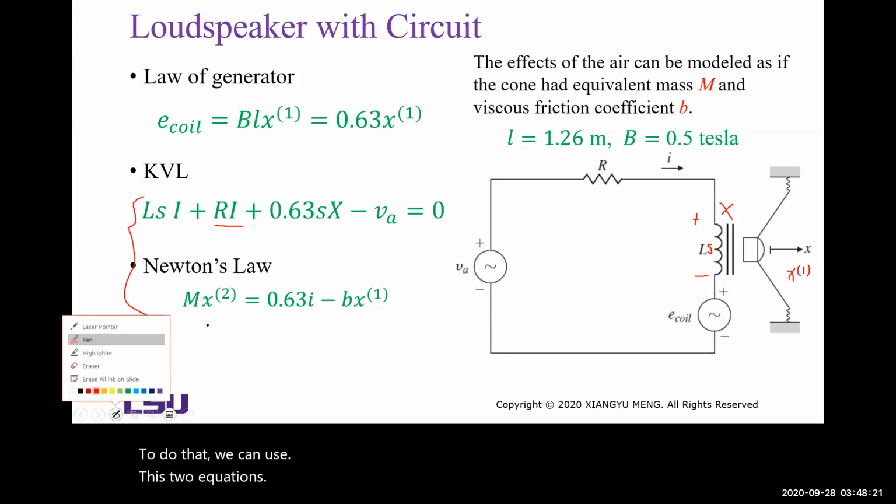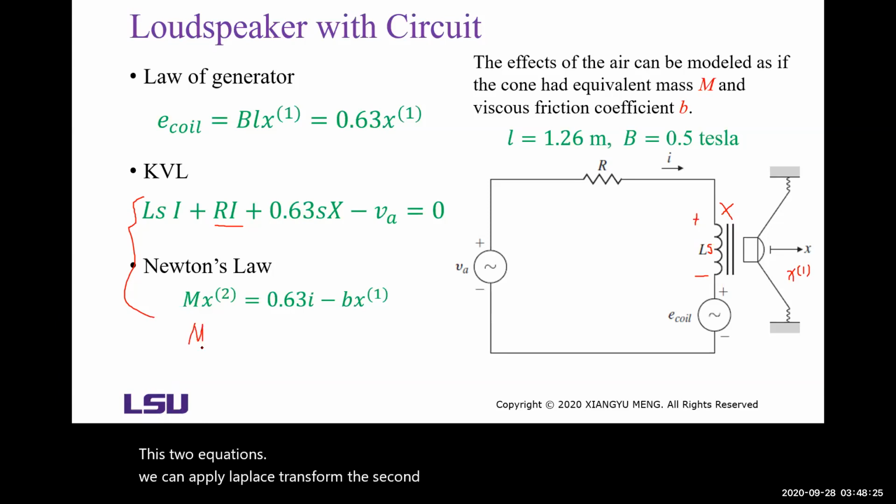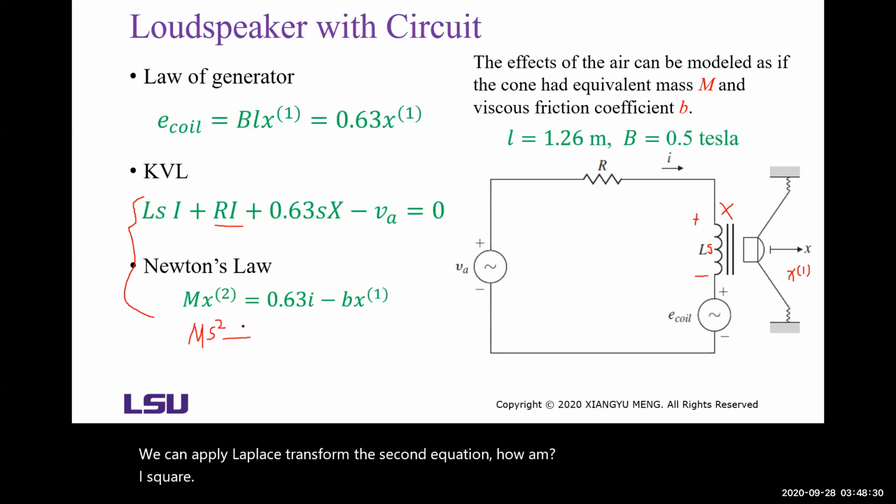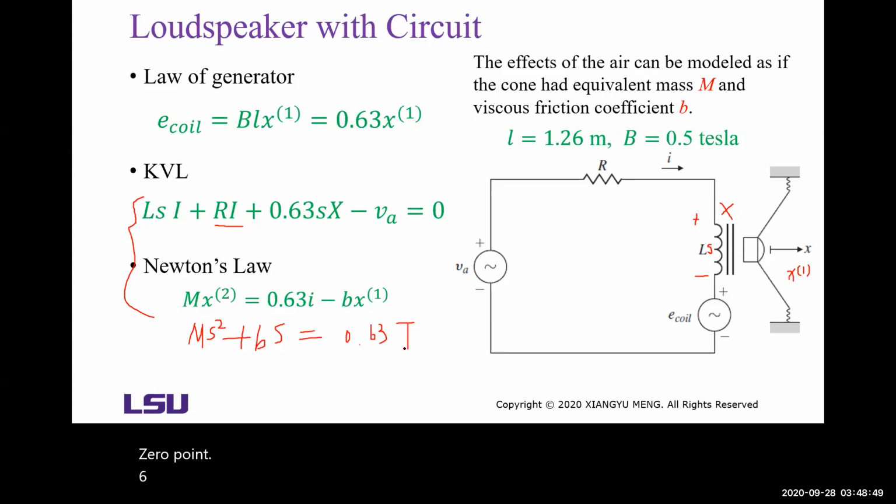We can apply the Laplace transform to the second equation: m s squared plus b s, times x, equal to 0.63 times I.